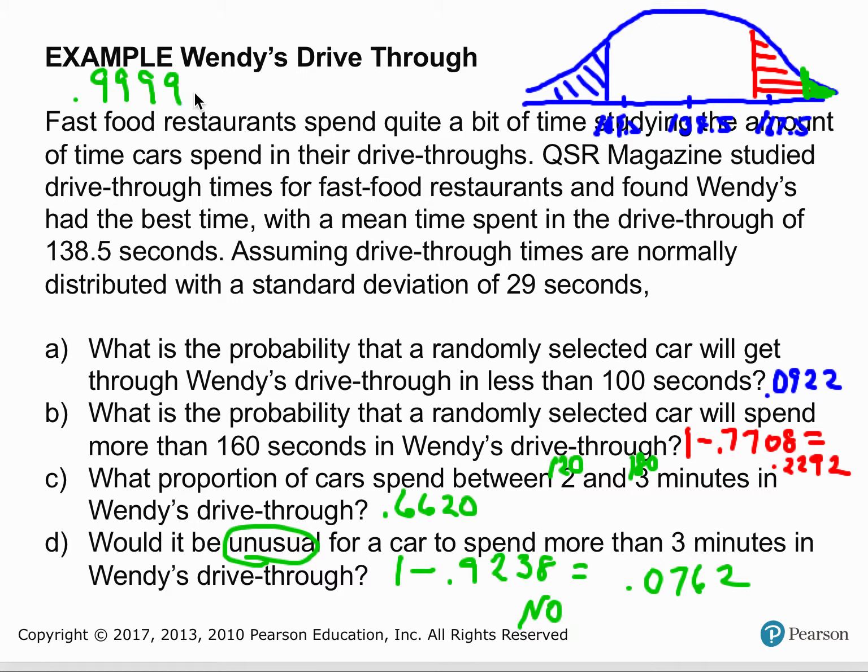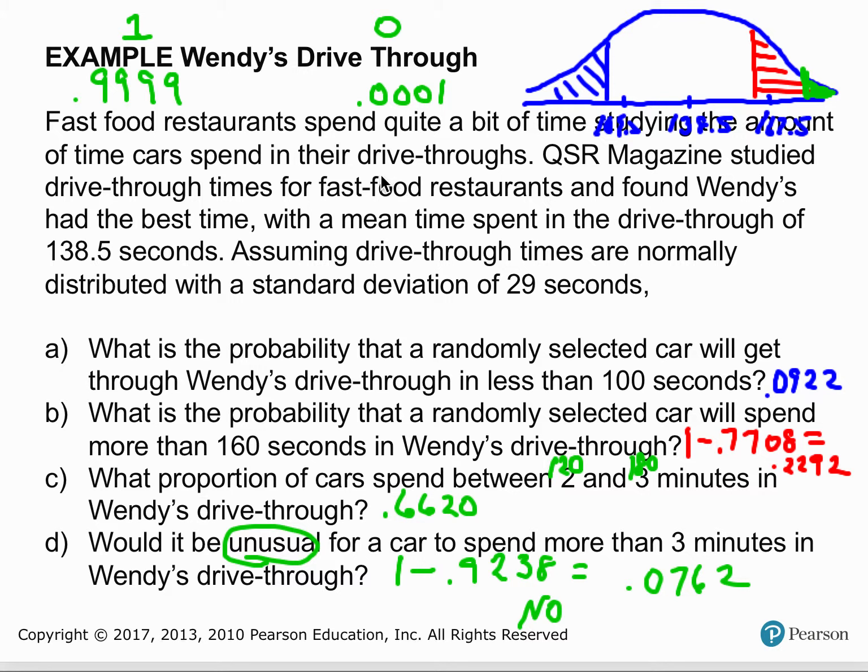Similarly, if it reports an area as 0, you're really going to call that 0.0001.